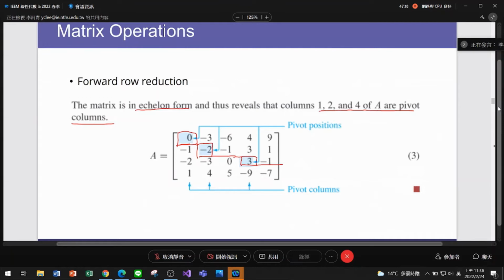When the staircase suddenly drops down a step, the corner points are the pivot positions. And also after you find the pivot positions, you can identify in the meantime what the pivot columns are. Pivot columns are the columns where the pivots are located.